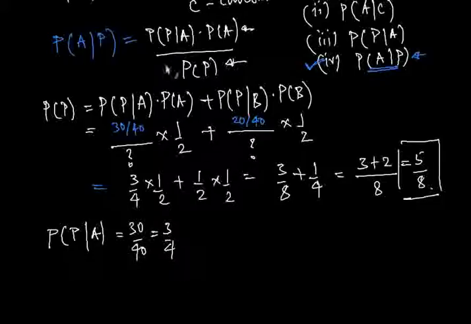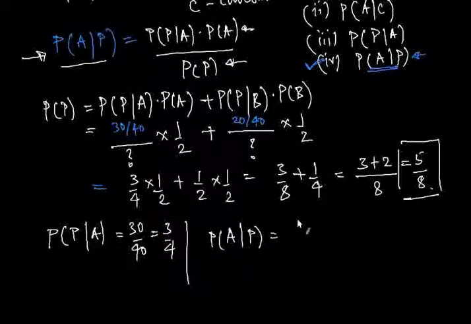And therefore we know everything in this expression to find out the required probability. So what we are supposed to find is the probability that the cookie came from jar A given that it's a plain cookie, and that turns out to be 3 by 4 times half divided by the 5 by 8 we just calculated.